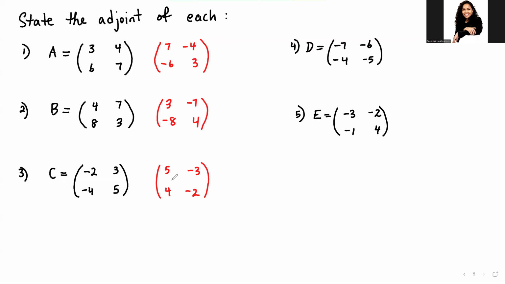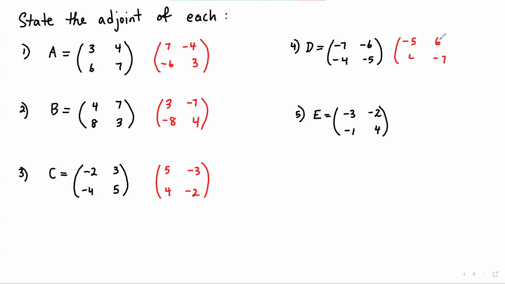For part D, we'll have -5 and -7, and then +6, +4. And then E, last one, it'll be 4, -3, and then 2, 1. Right?